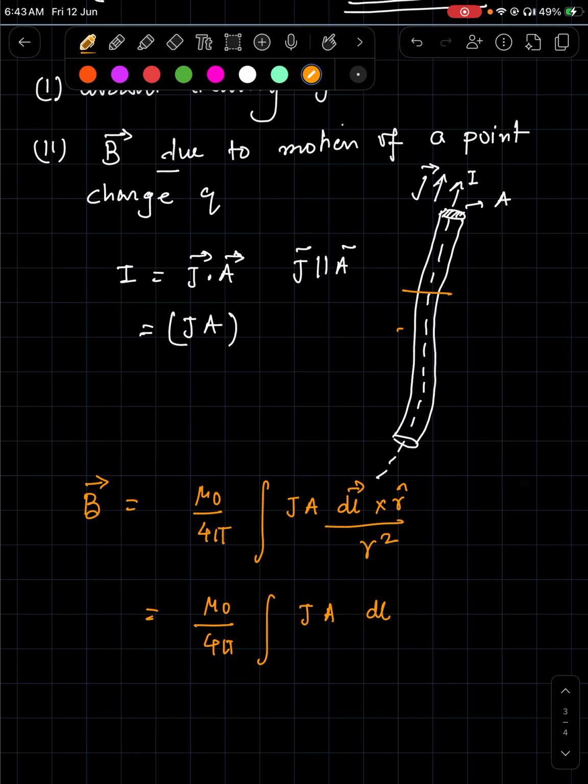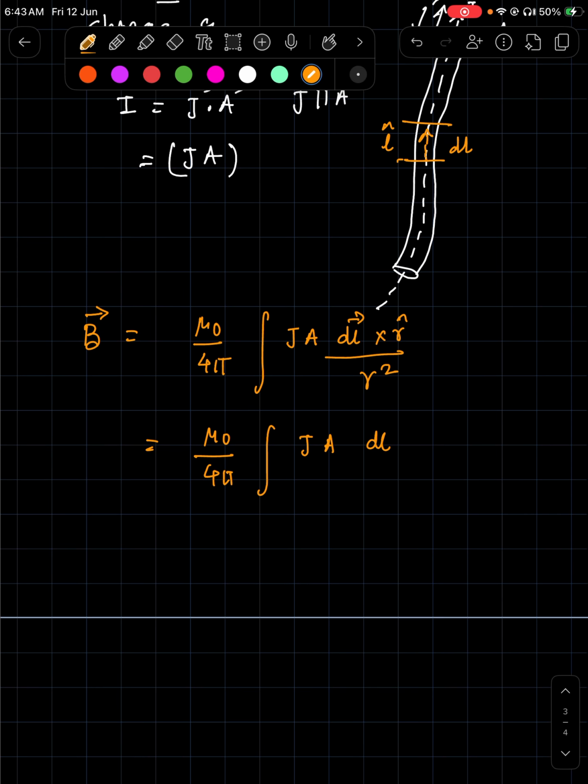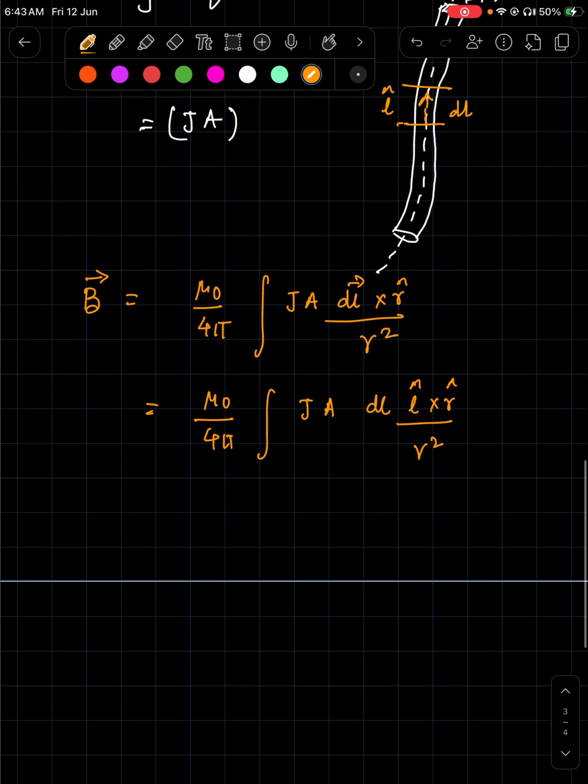Suppose this is dl, and along this direction I take a particular unit vector, say l cap. So it is dl l cap cross r cap by r square. But what is A into dl?